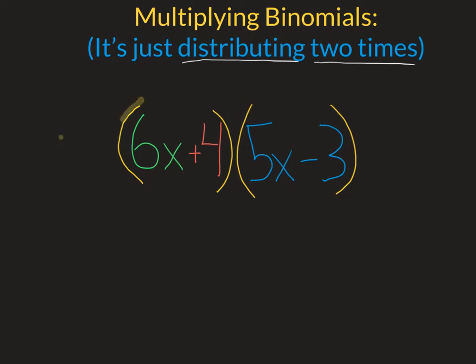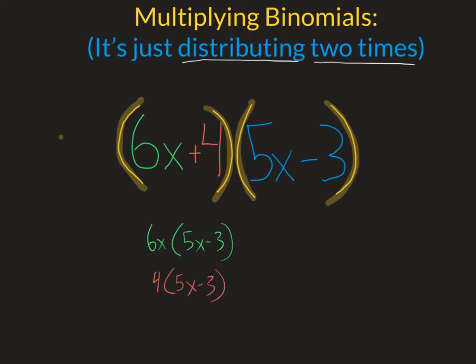Because of these parentheses here, it's telling us everything inside the first binomial is multiplying with everything inside the second binomial. So we could rewrite and break down the problem to say, well, it's just the 6x times the 5x minus 3, and it's also the 4 times the 5x minus 3. It's just written together in the one problem.